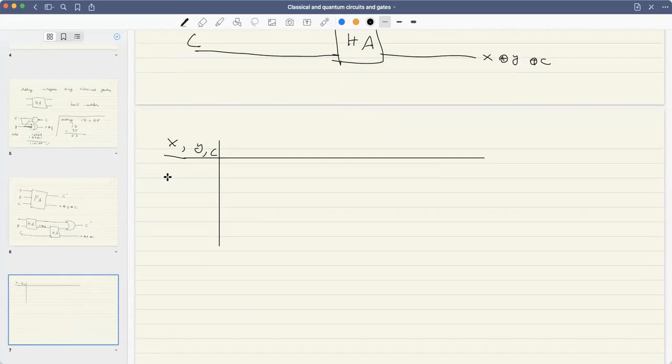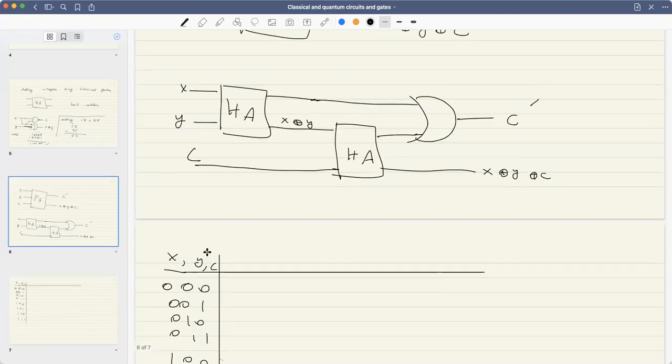Let's write them: 0 0 0, 0 0 1, 0 1 0, 0 1 1, and then 1 0 0, 1 0 1, 1 1 0, 1 1 1.